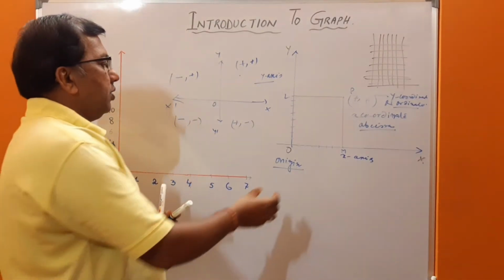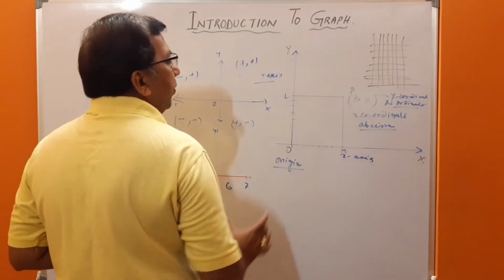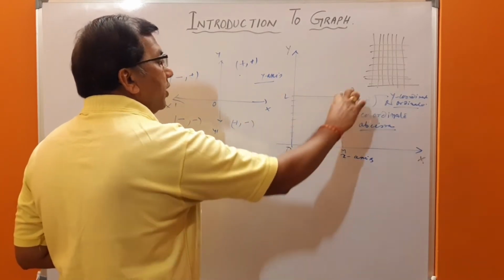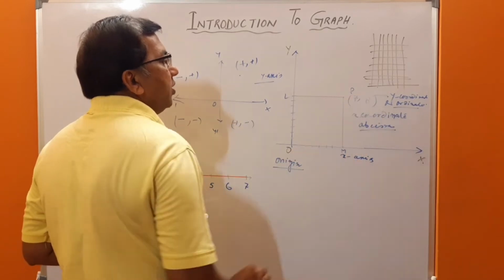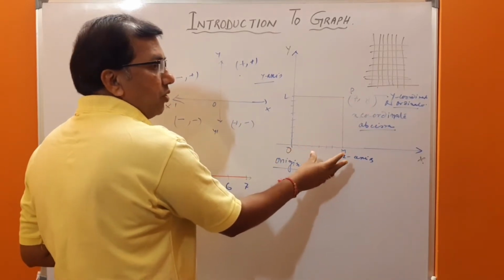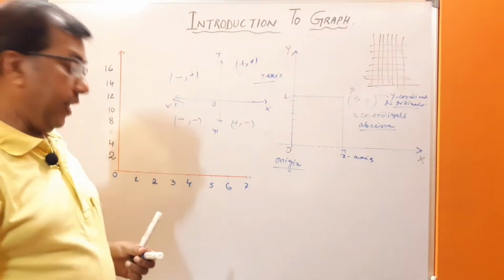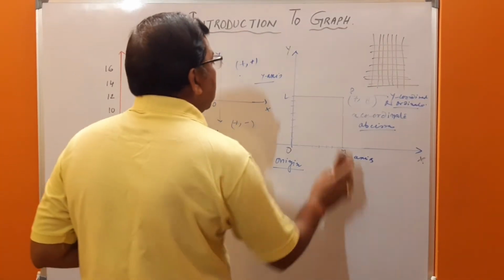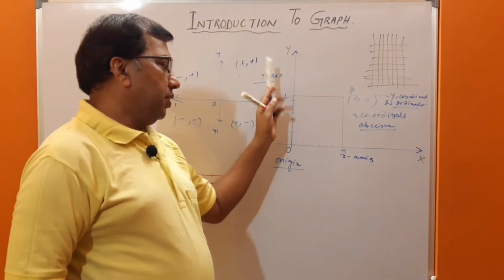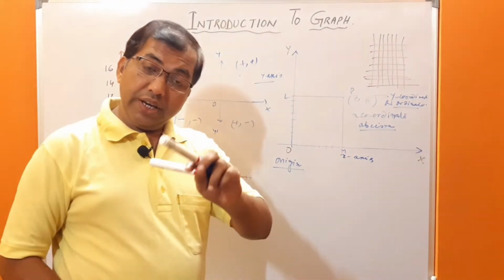Because OM equals to LP, that is 7, LO equals to PM, 8. If you change it to 8, 7, that means it will be mismatched. So never mismatch it. Clear? The origin, x-axis, y-axis, abscissa, ordinate. Okay?